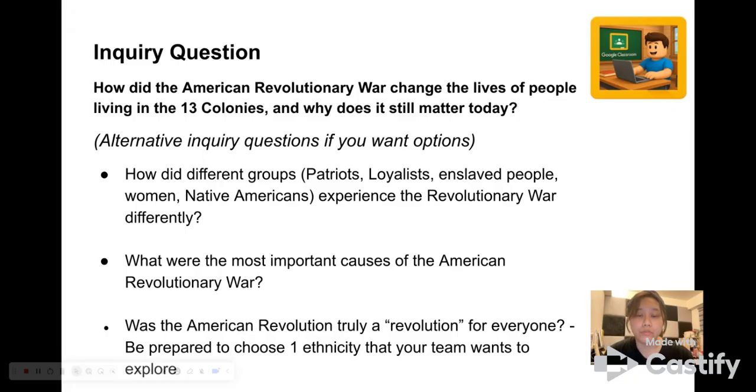Previous students of mine chose Mexicans, Chinese, Japanese, but obviously you guys can choose something else. Okay, so make sure that you understand how these people were also involved, as a minor. But the major issue here was Revolutionary War in the USA setting.